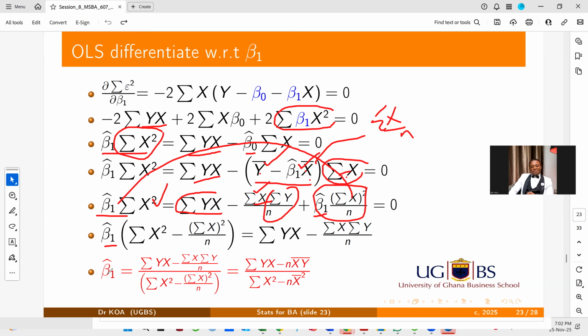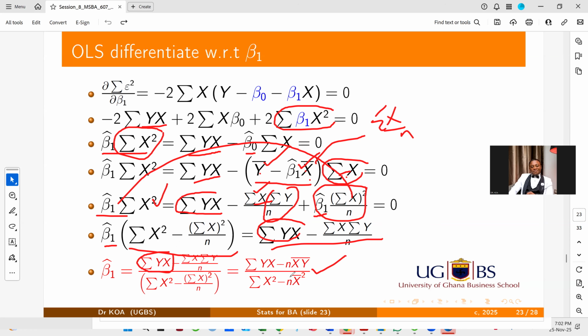The final manipulation is that I can now find my beta 1 out. When you find out the beta 1, you're now left with this summation. It's just like when you divide both sides by this, and divide both sides by this, the numerator you will see left here, that is all you see here. And when you manipulate and cancel easily, this will fall down to this value.